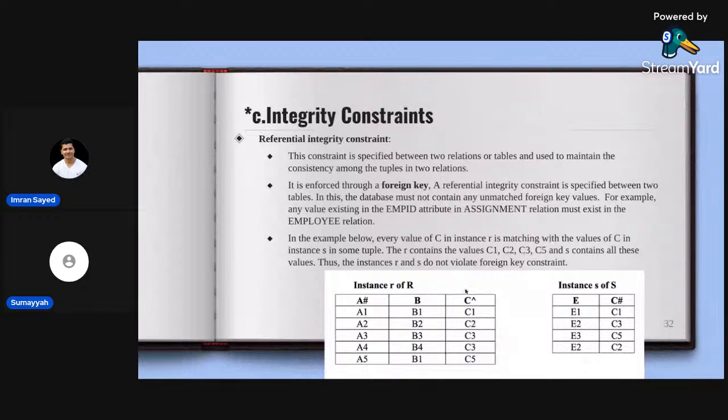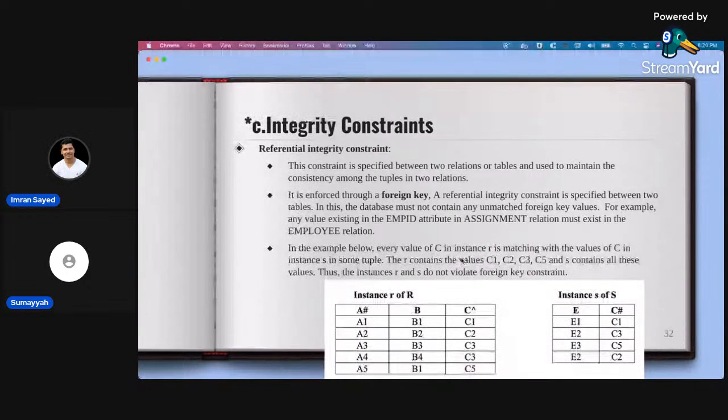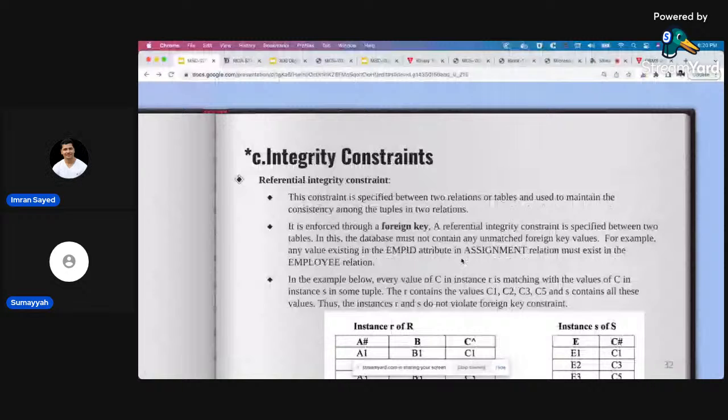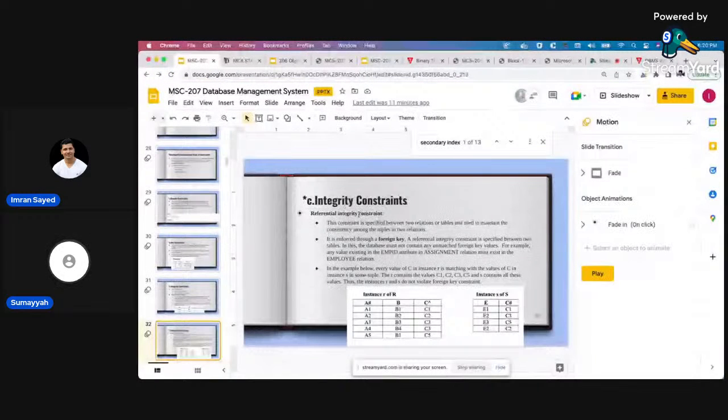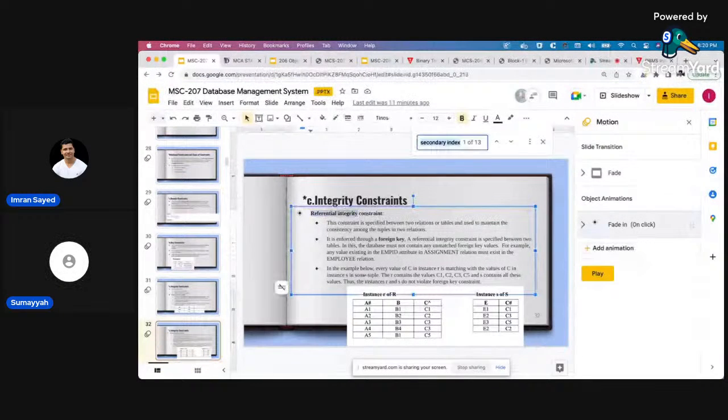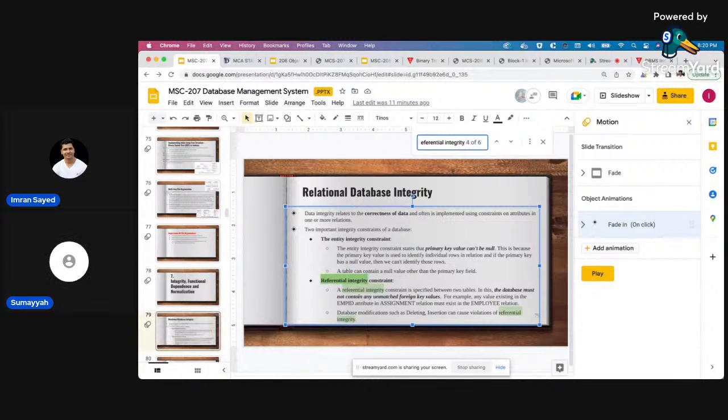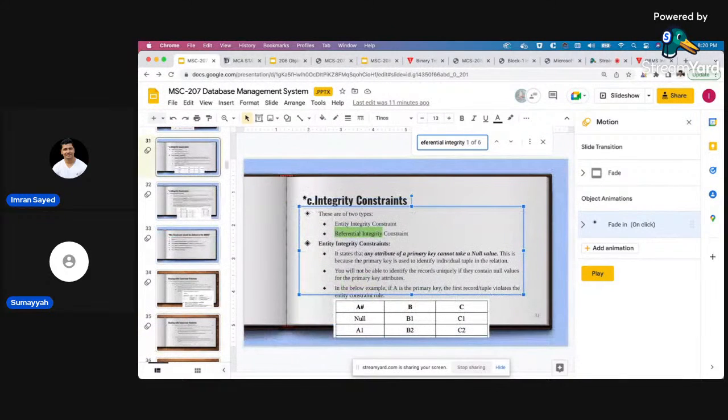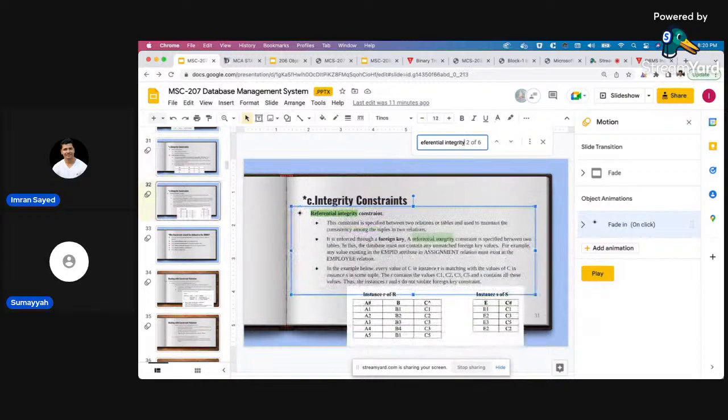Anyways, we'll paste that later. It was on another slide, right? Where did it go?